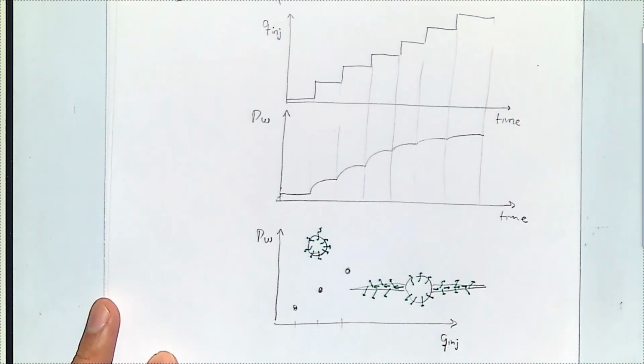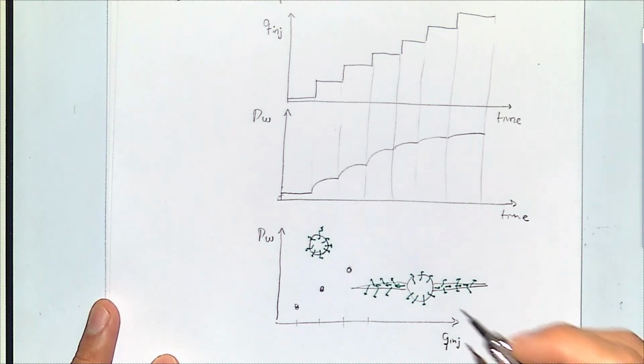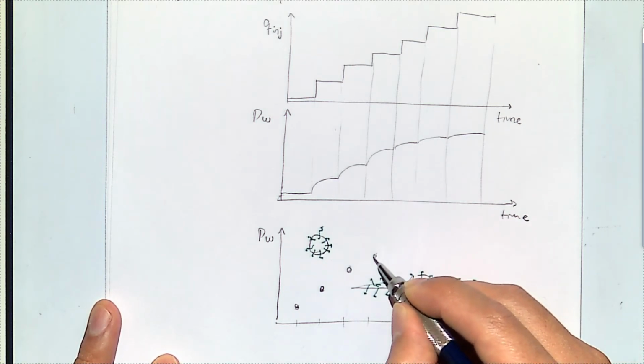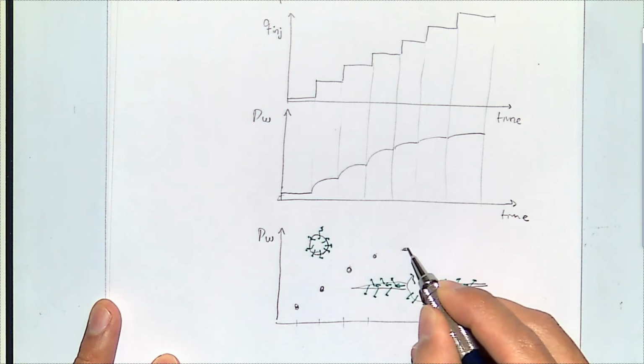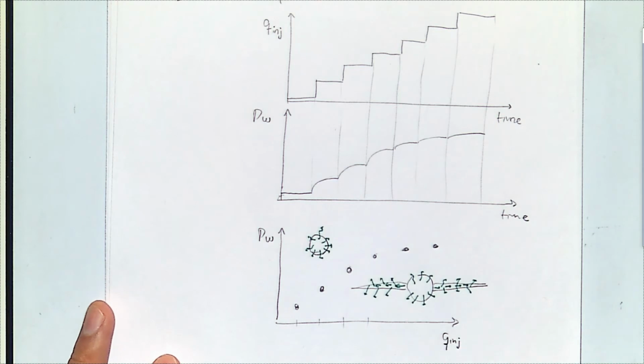And the result of that is going to be that after that critical injection rate, your increases of pressure are going to be less than before.